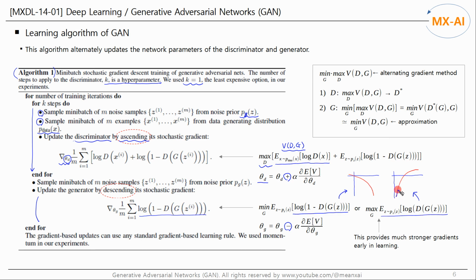The gradient is larger early in learning when you maximize this function than when you minimize this function. Therefore, using this objective function, theta G is updated faster in the early stages of training. The gradient-based updates can use any standard gradient-based optimization algorithms, such as Momentum, Adagrad, and Adam.